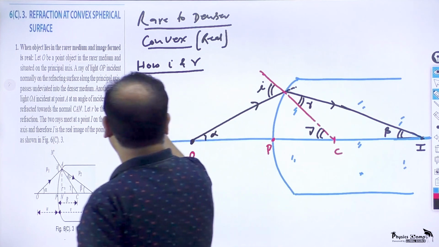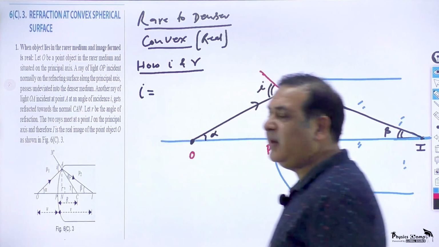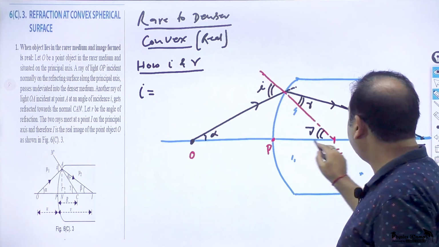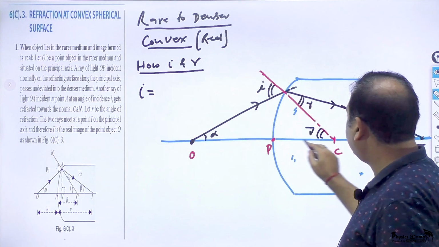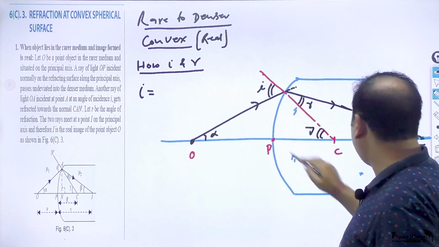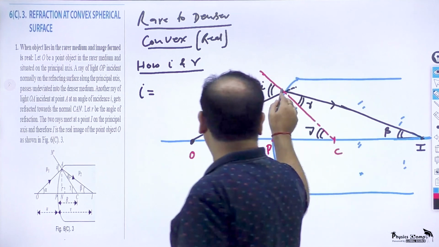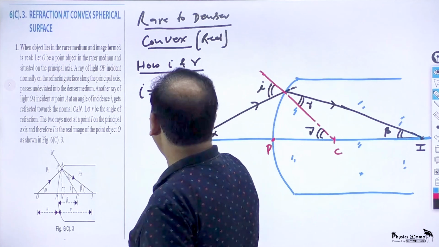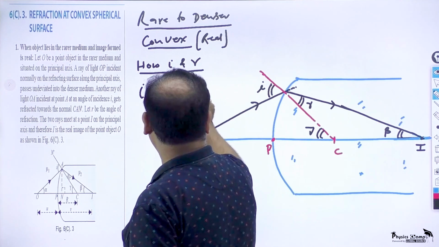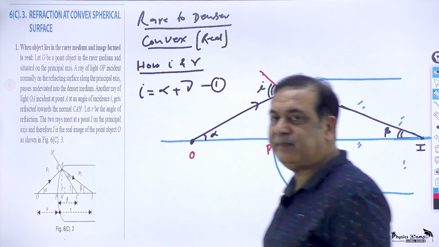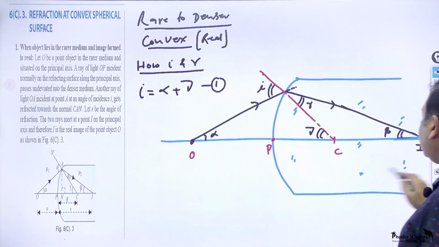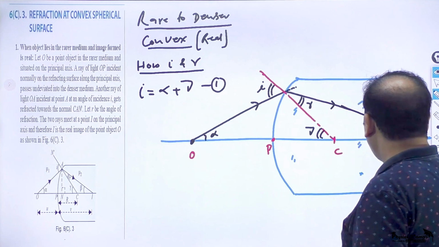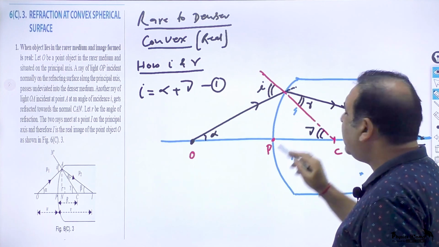So can I say I is the exterior angle of this triangle, including alpha plus gamma? So I being the exterior angle can be said as alpha plus gamma, equation number 1. And similarly, there is another triangle where we want to relate with R. So R, gamma and beta, among this triangle, gamma is the exterior angle.